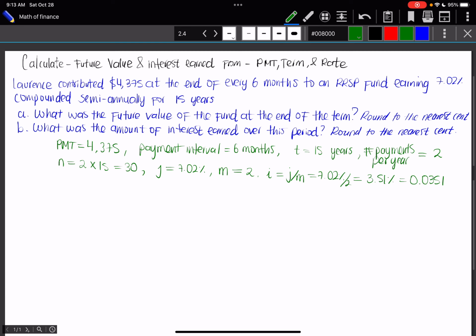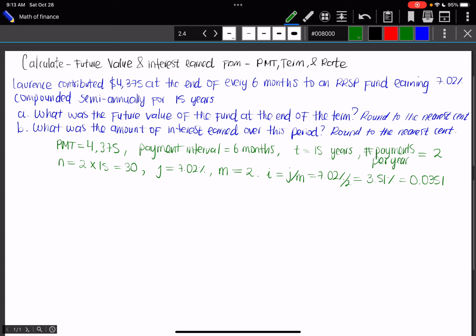Now, we can classify annuities according to various things. In particular, we can say that the annuity we have right here is an ordinary simple annuity. This annuity is ordinary because payments are made at the end of each payment period. We have that Lawrence contributed the amount of money, PMT, at the end of every 6 months.